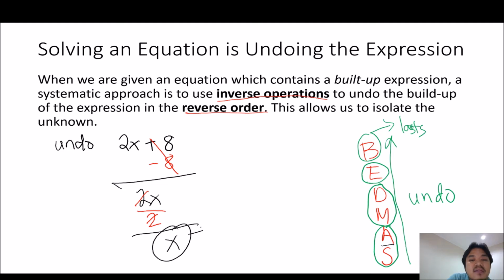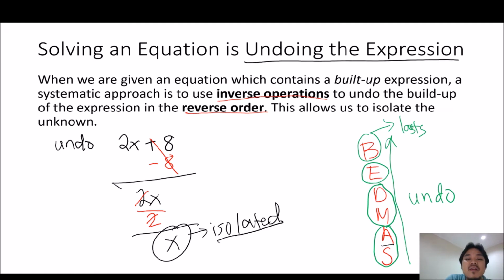So x is already isolated, so it means that we are done undoing the expression. Remember, undoing the expression means isolating the unknown. This concept of undoing the expression will be helpful when we are solving two-step equations.